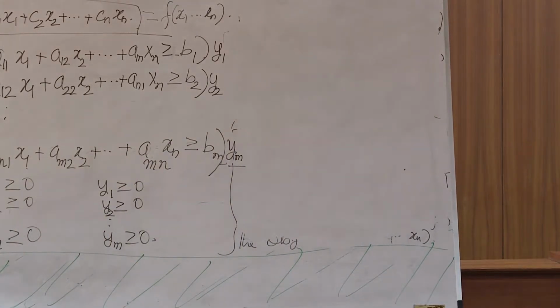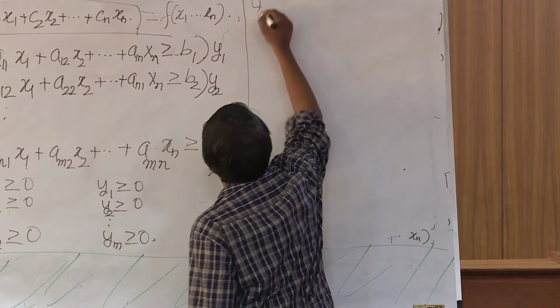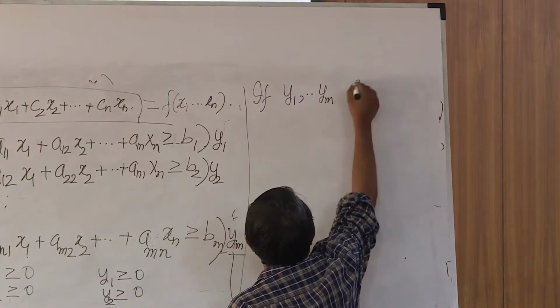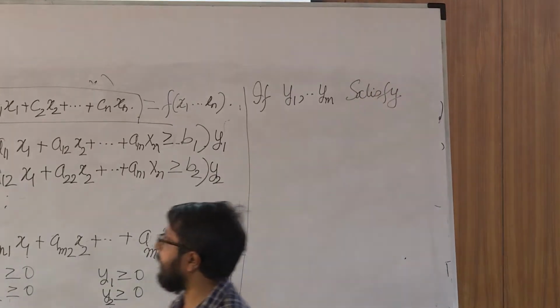Okay. So what we do is, if I impose the constraint, so if y1 to ym satisfy, what is the constraint required?